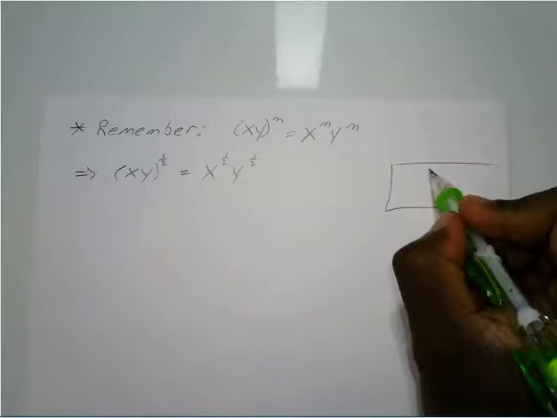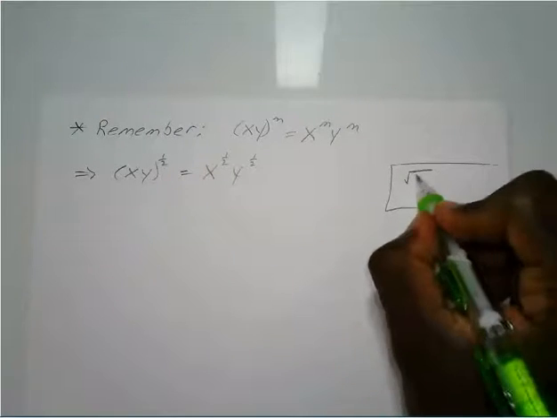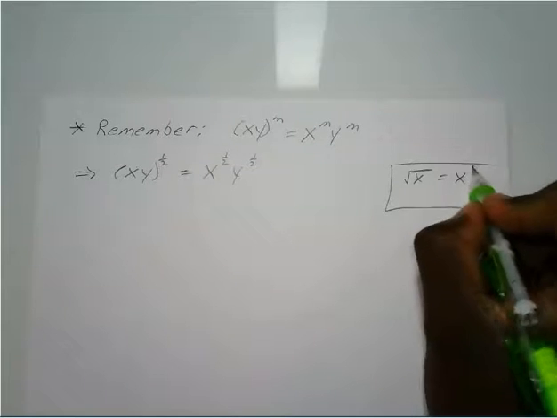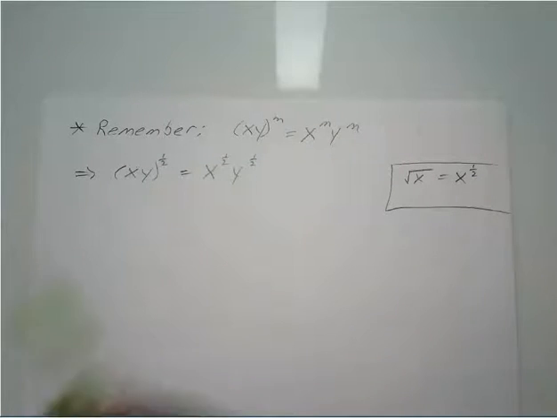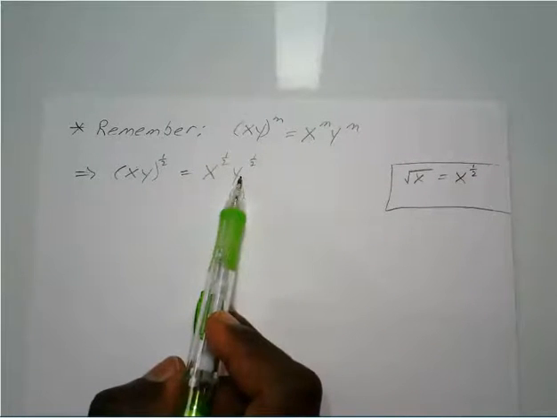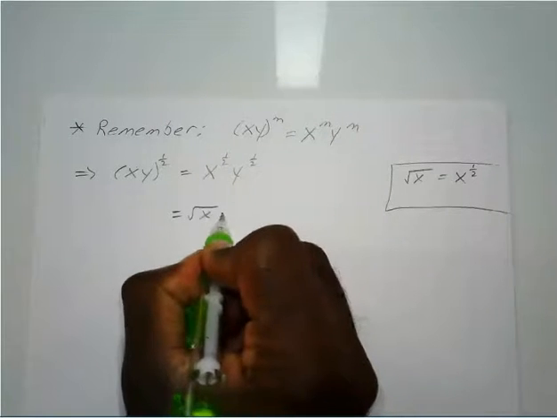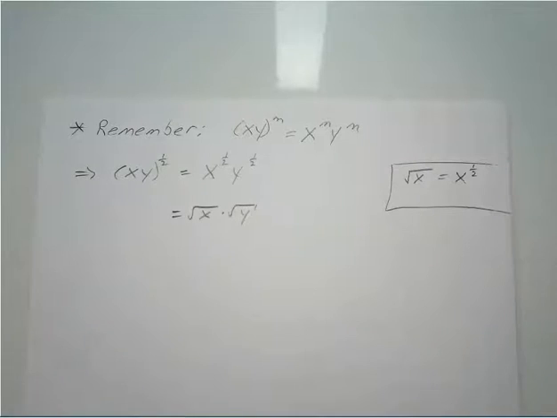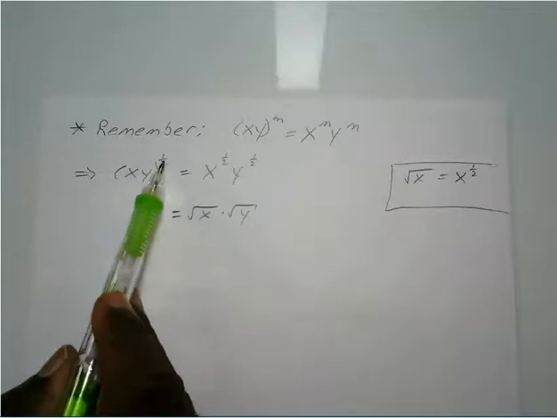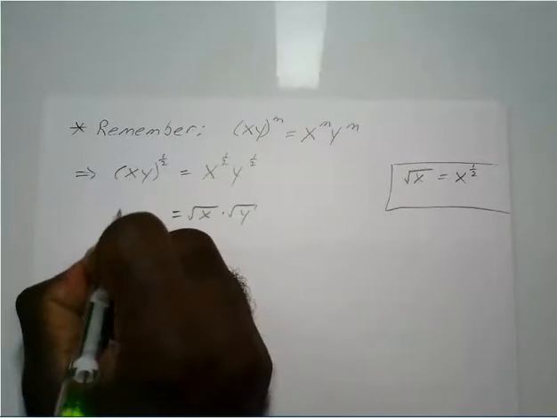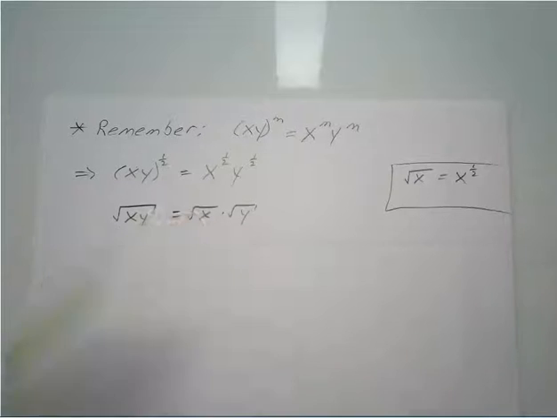And if you remember, square root of x is equal to x to the 1/2 power. So this will be square root of x, this will be square root of y. So that's square root of x times square root of y. So that means x times y to the 1/2 power is just the square root of x times y.